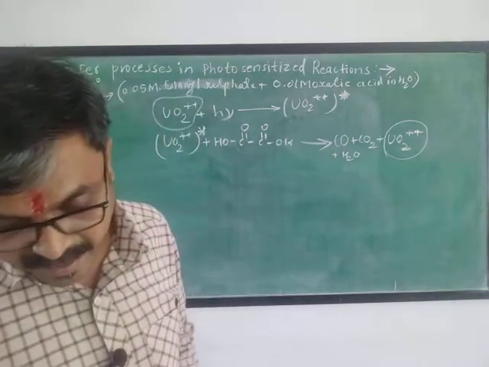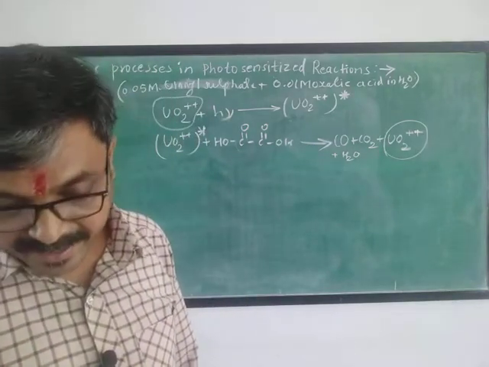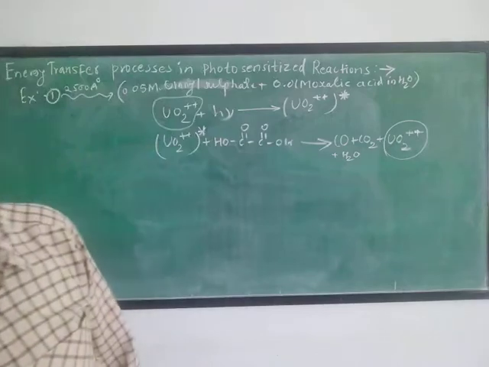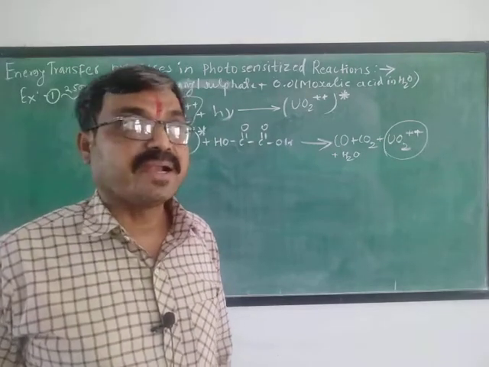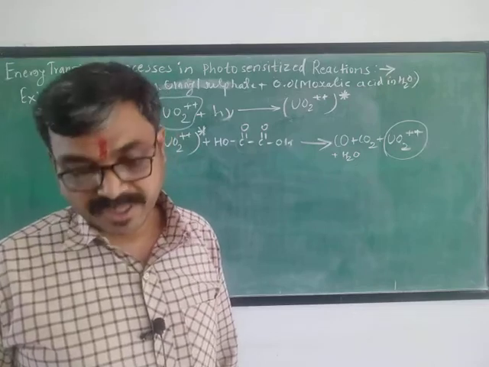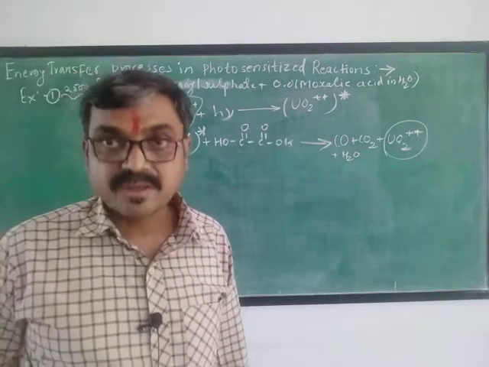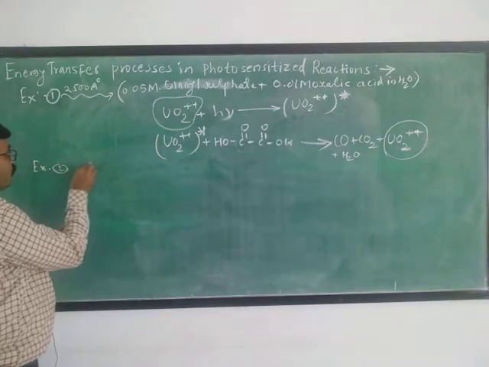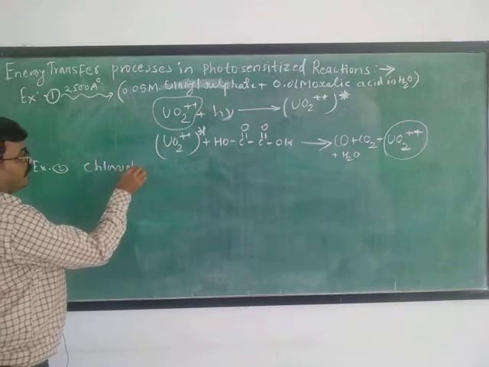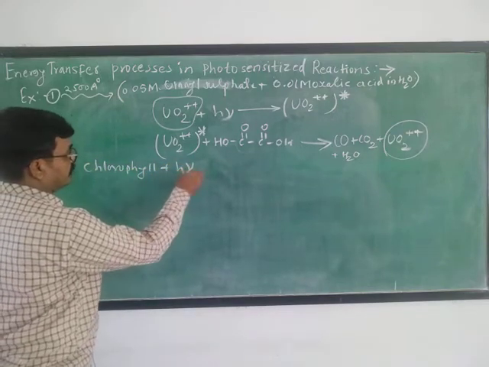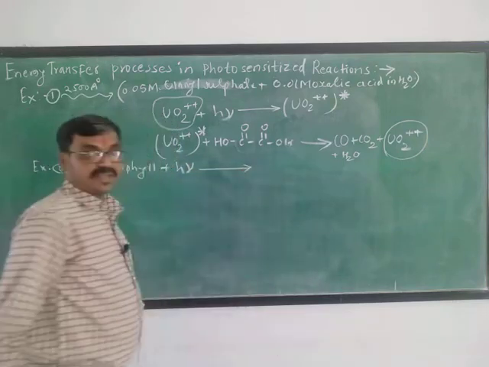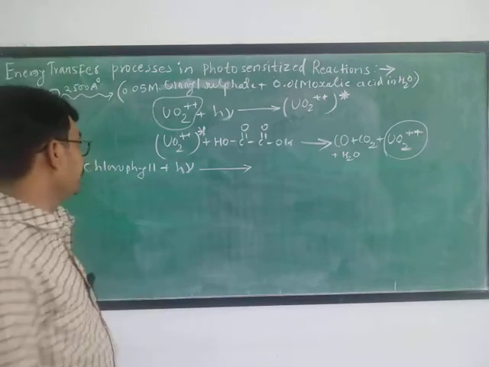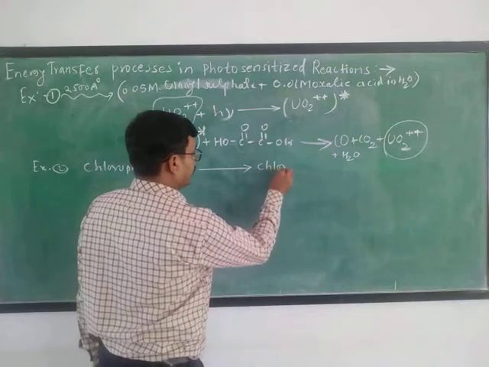Also, the next example, second example: photosynthesis of carbohydrates in plants from carbon dioxide and water. What happens in this reaction? Chlorophyll is the plant pigment. Chlorophyll absorbs the incident radiation, goes into the excited state and its energy increases.